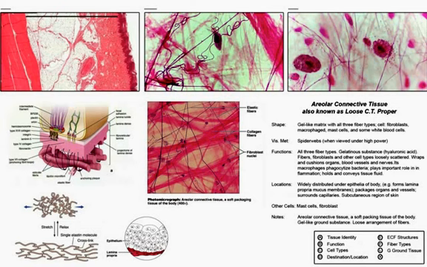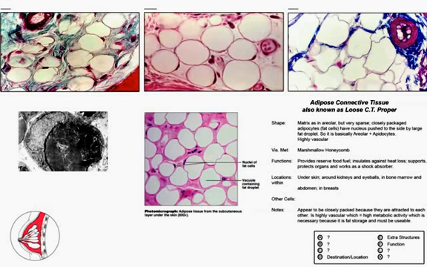This circular cell is a white blood cell or leukocyte, and we'd also potentially find in this particular slide larger macrophages and fat cells as well as plasma cells from the blood that's circulating through it. This is adipose connective tissue, and it'll be continued soon.